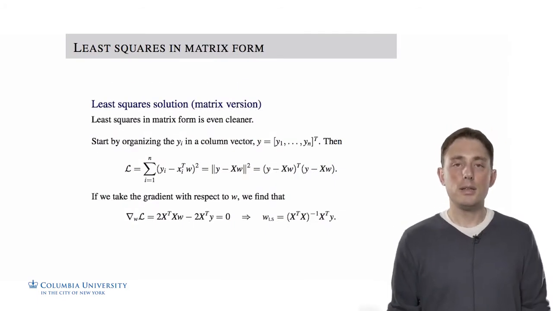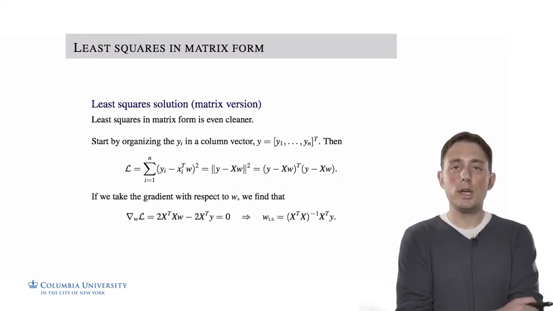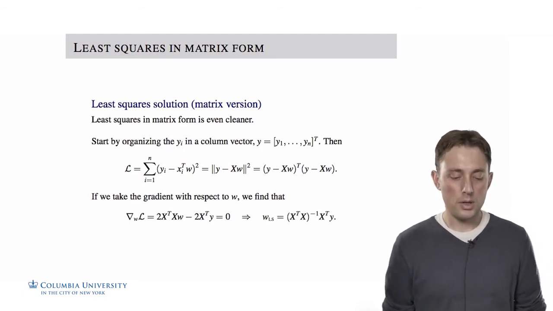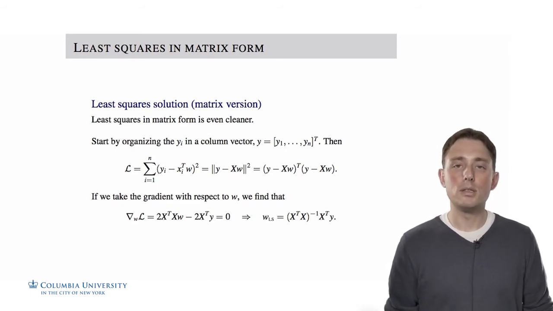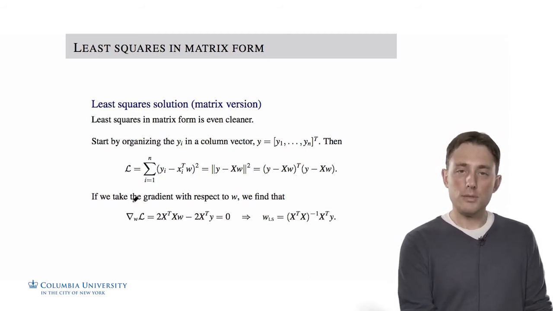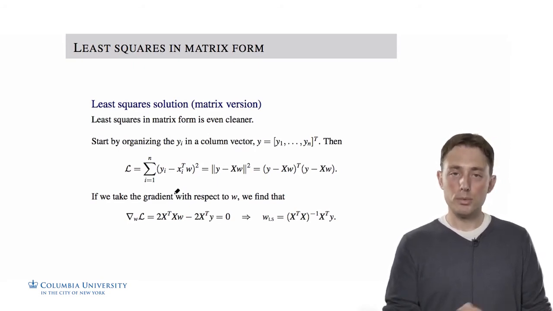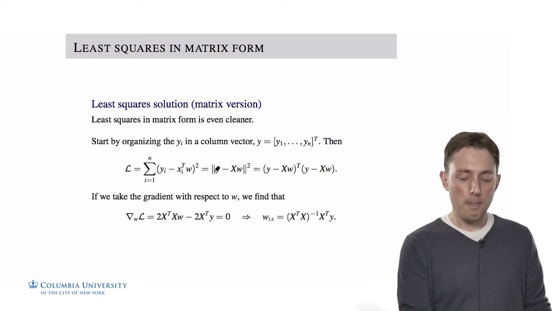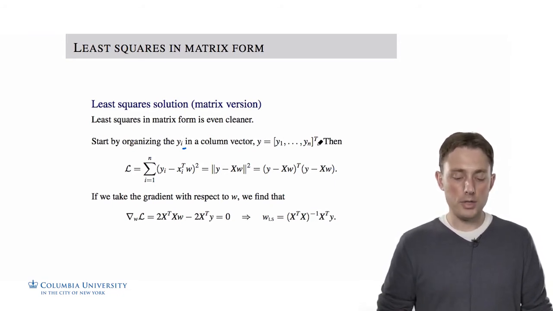So let's just quickly look at how we could write this in matrix form. This is introducing some notations that will be used throughout the course. Vector forms, matrix forms. It's very convenient to use these shorthands. So taking this vector representation and putting it into a matrix representation using the previous definitions, what we have is that we can stack the values of yi into an n-dimensional vector because we have n observations.